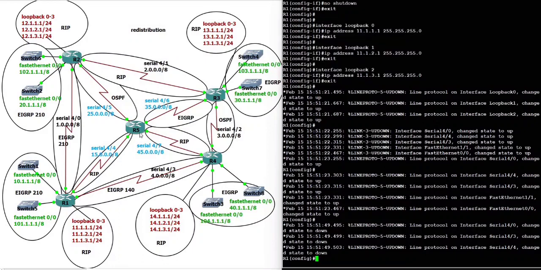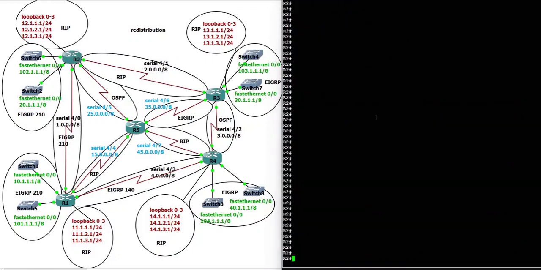In the same way we are going to configure on router 2. On router 2 we have 5 interfaces, 3 serial interfaces, 2 fast Ethernet, and the loopback addresses. Configure terminal.